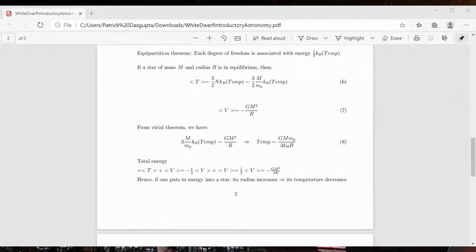And the time scale over which changes are happening in the core of the sun is larger than 10 to the power 8 years. Unlike a supernova explosion, in which in a few milliseconds the entire energy is released to the envelope of the star and the envelope explodes.